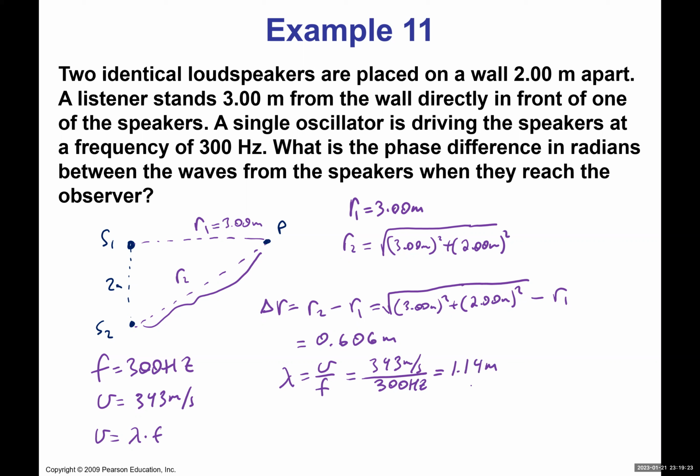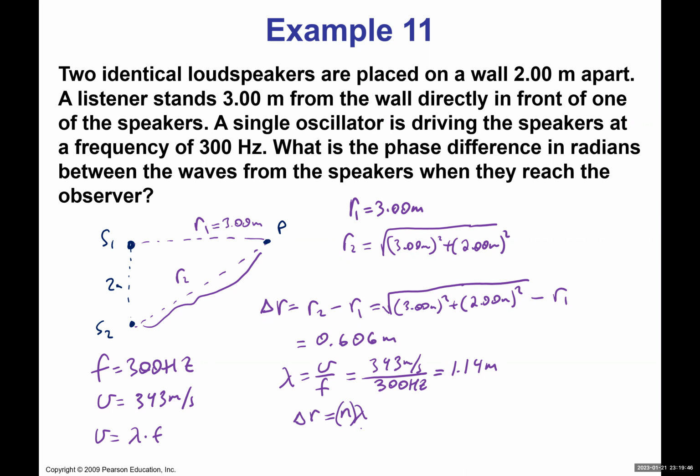Now, what we want to do is use delta R equals N times wavelength. Technically, what you want to know here is whether it is N or N over 2, whatever it is. Remember, N and N over 2 are the extremes.